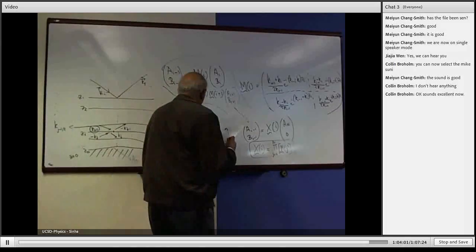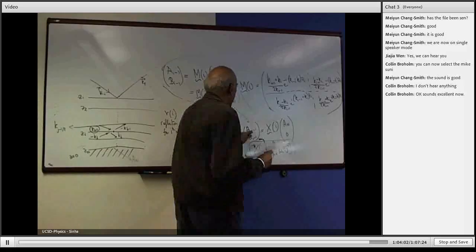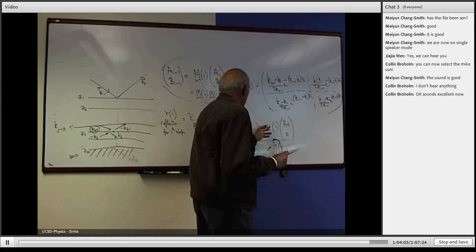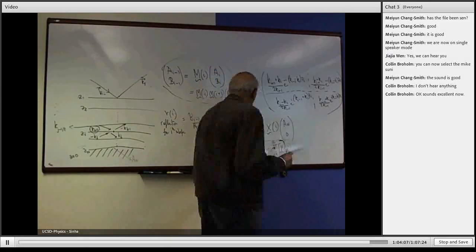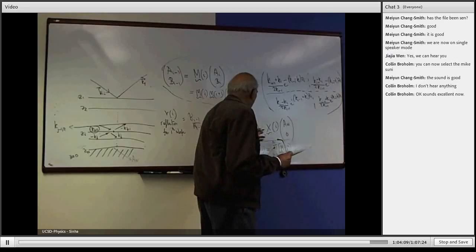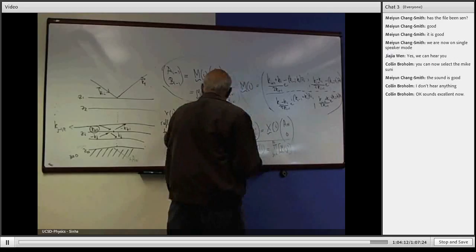And you can show from this expression here, because this is just X_11 times a_n, and this is just X_21 times a_n, that this is X_21(i) over X_11(i).